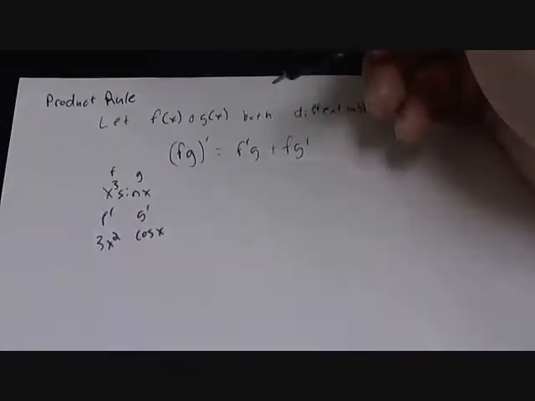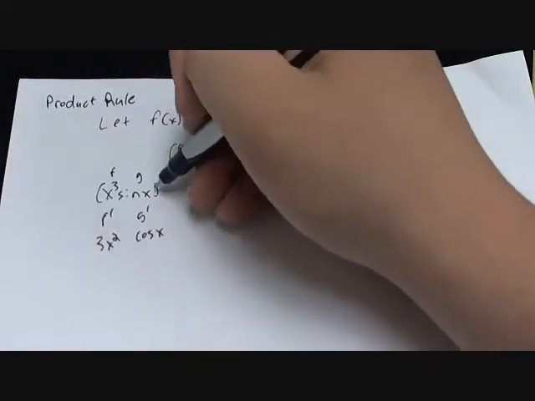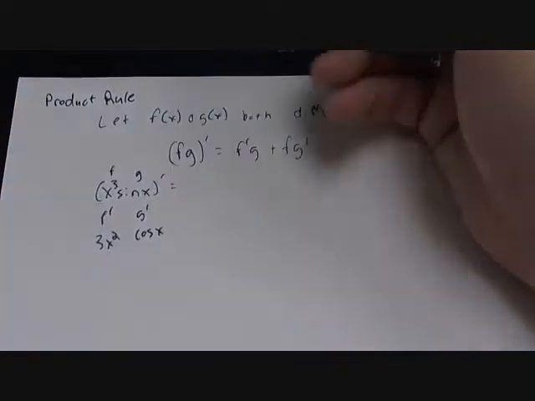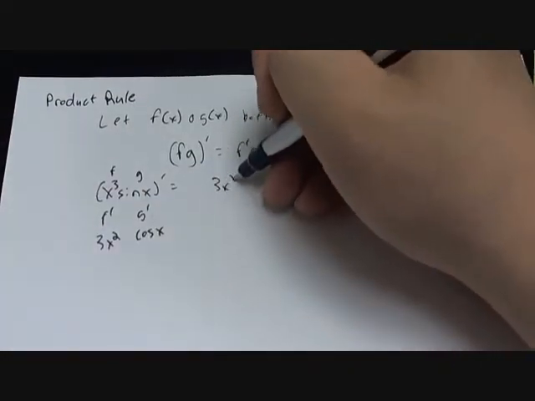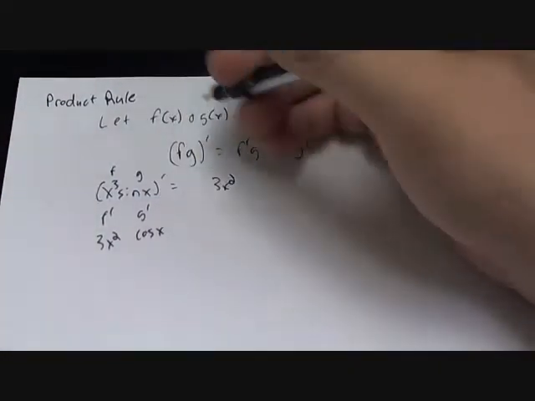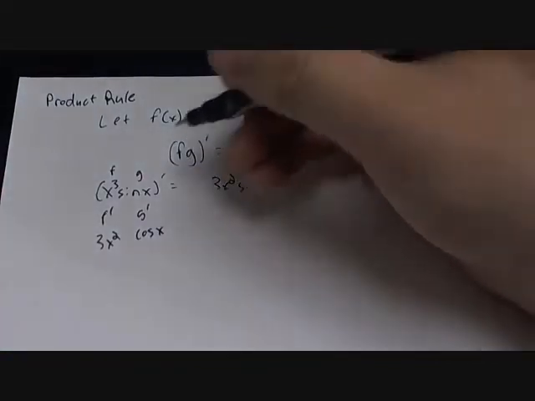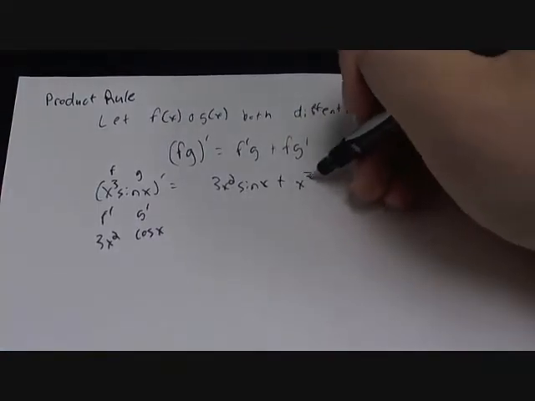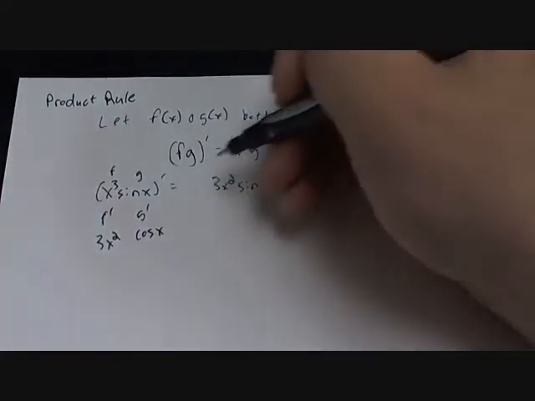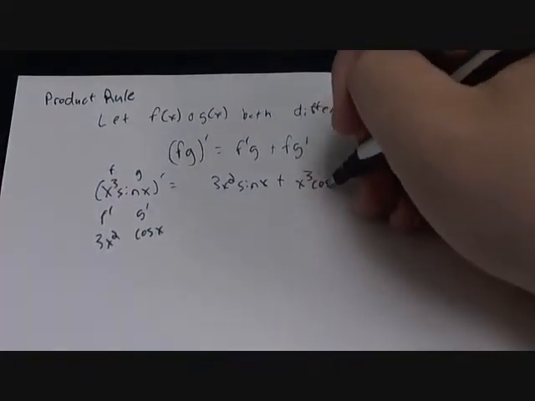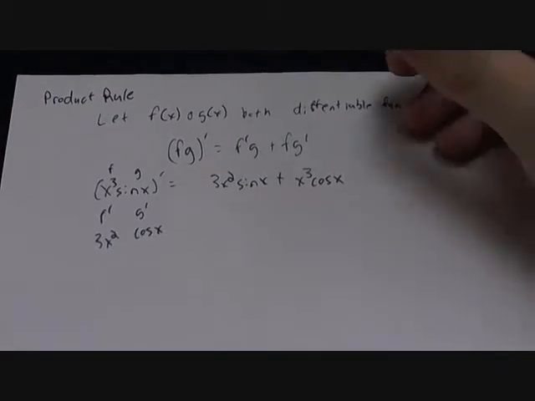And so when I plug it in to find this derivative, f prime, which is 3x squared, times g, which is sine of x, plus f, which is x cubed, times g prime, which is cosine x. And then that's the answer.